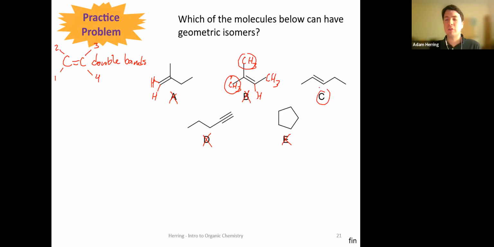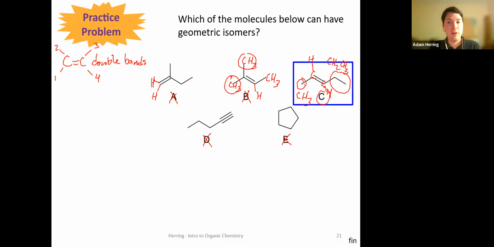Now, what about here in C? We do have a carbon-carbon double bond. This is a hydrogen, that's a hydrogen, and then this group is a CH3, and this group is CH2CH3. And so you can see that those groups are different from each other. Therefore, this one can have a geometric isomer.